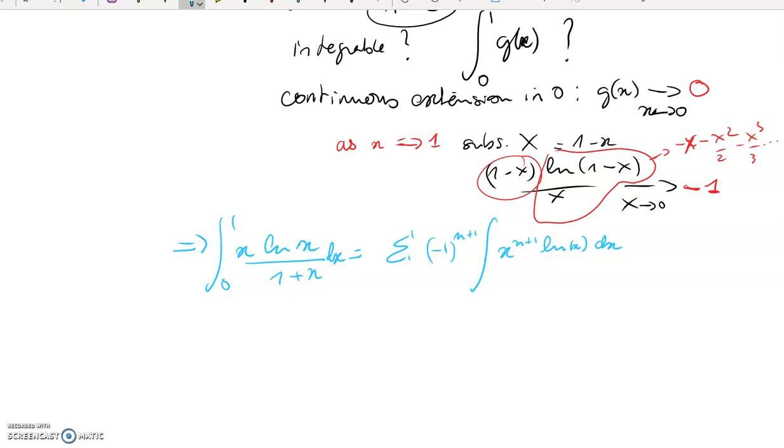What is going to be more satisfying is to compute this value and get the real value of this infinite sum, so that we can find the value of this integral, which is not that trivial to compute. For this, I won't do it, but you can pause and go for the integration by parts. You will find that this value is -1 over n plus 2 squared.